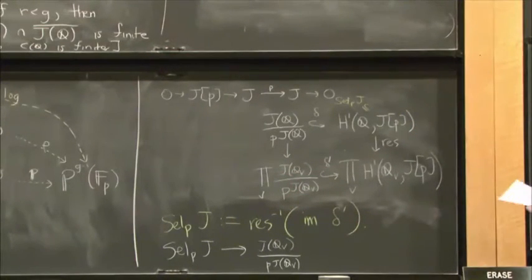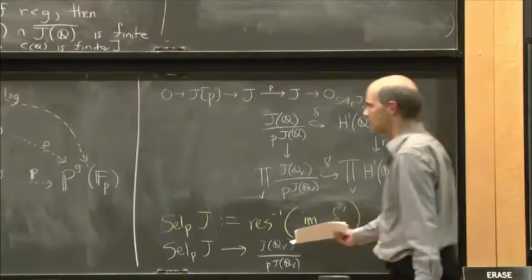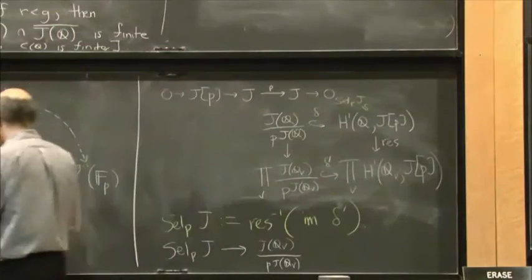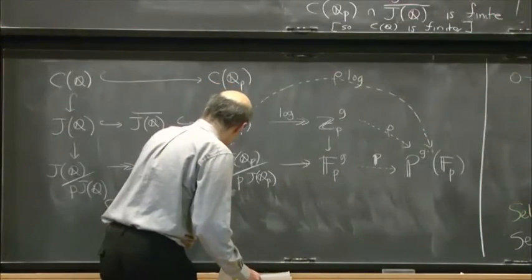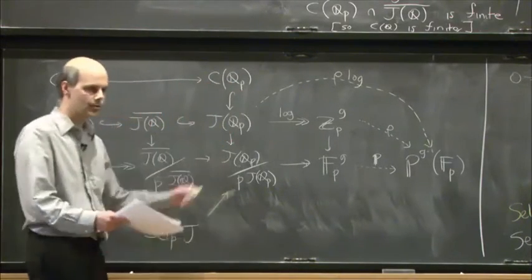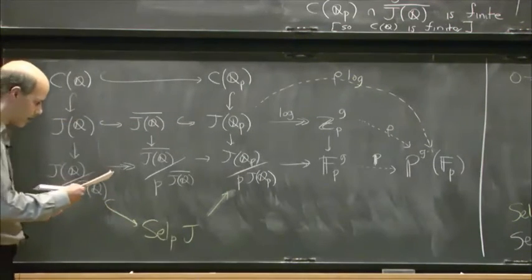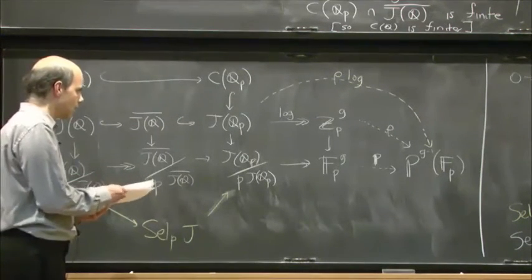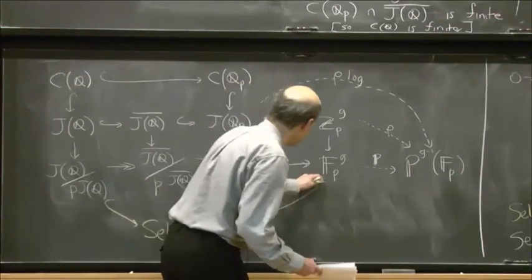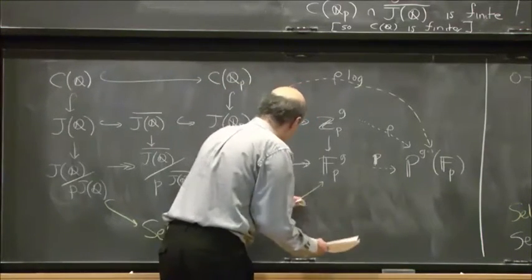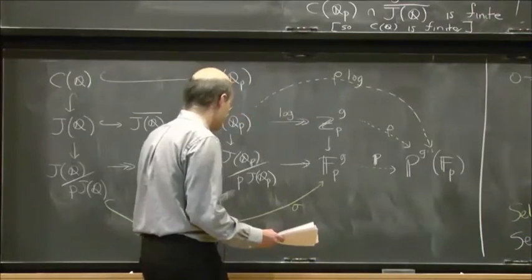OK, so in particular, you could do it with v equal p. Pretty soon we're going to take v equal p anyway, and to put that homomorphism into this picture. And then you can compose it with these other morphisms. So this map here, I'll call this one sigma, and then this one.